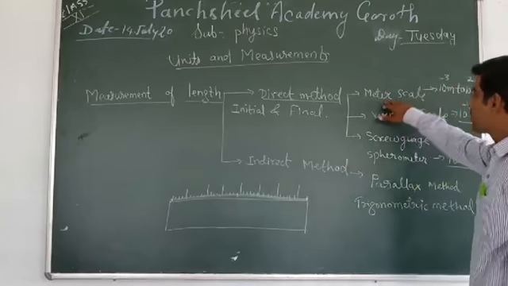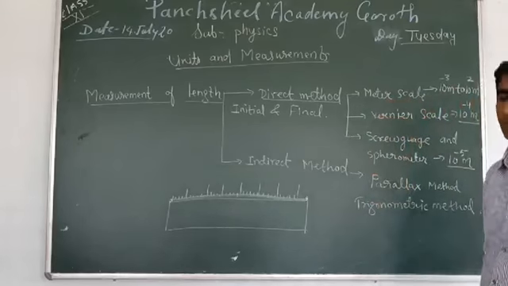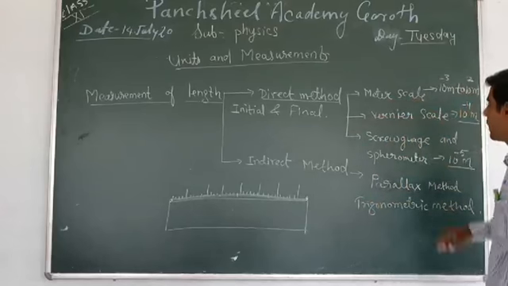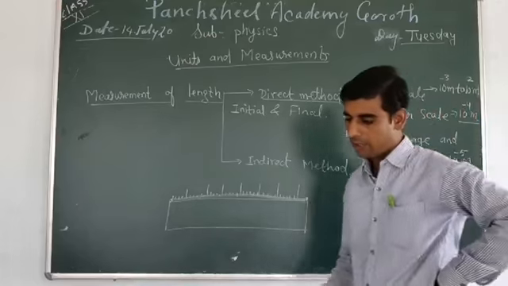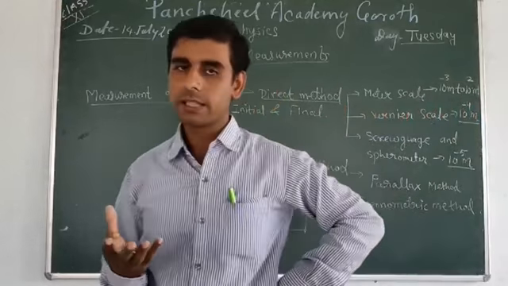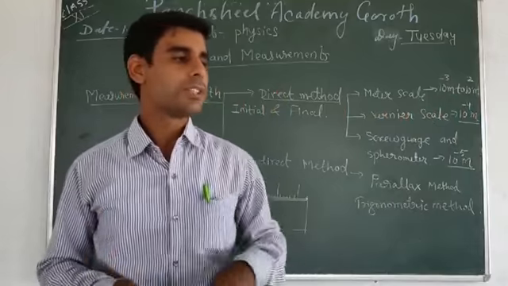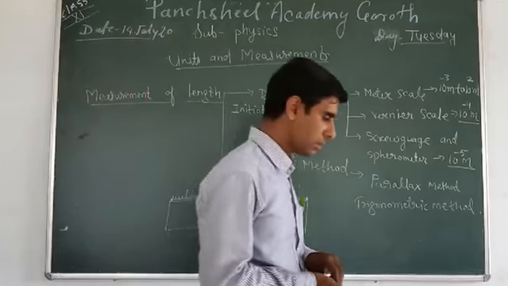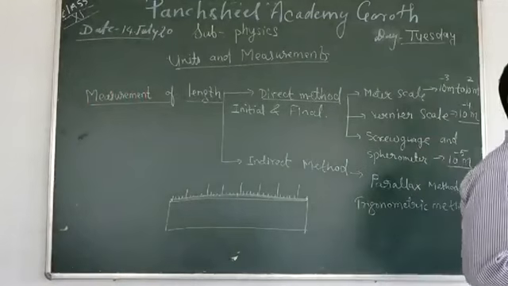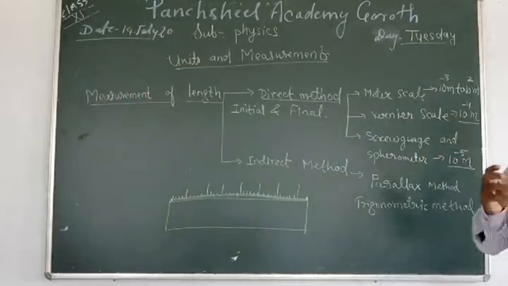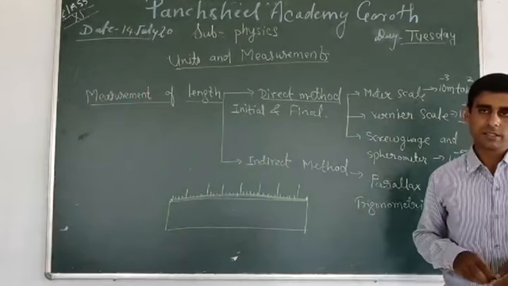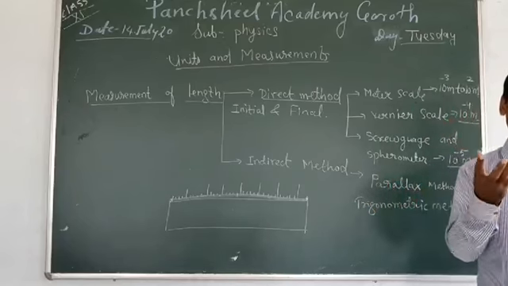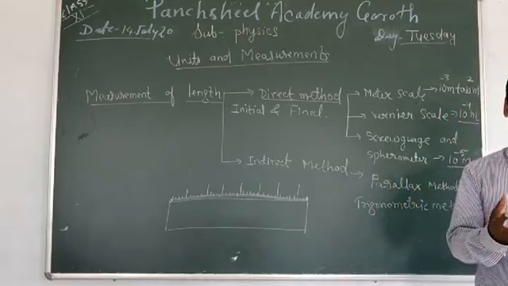One thing is that the meter scale, all of you know about these things. And what is a vernier scale or vernier caliper? A vernier caliper is an instrument used to measure very small distances, such as measurements in millimeters.